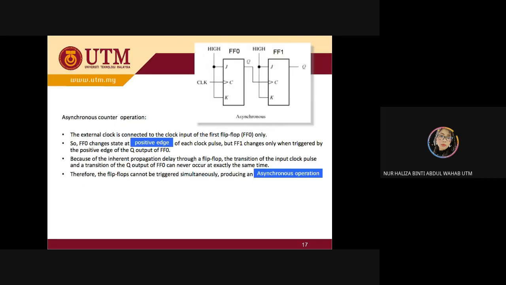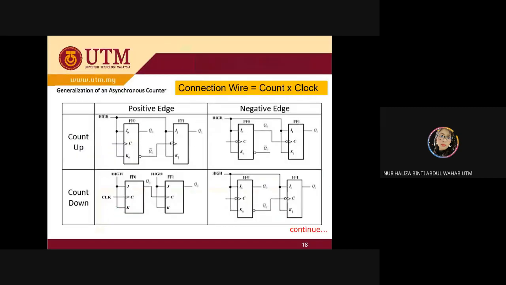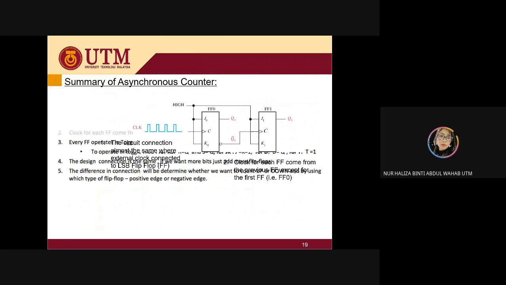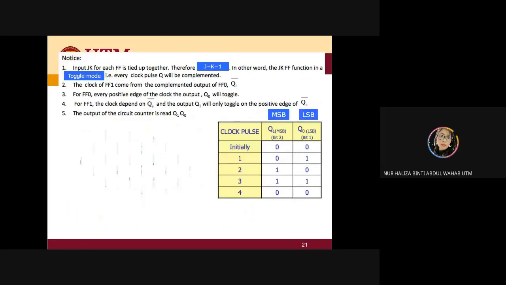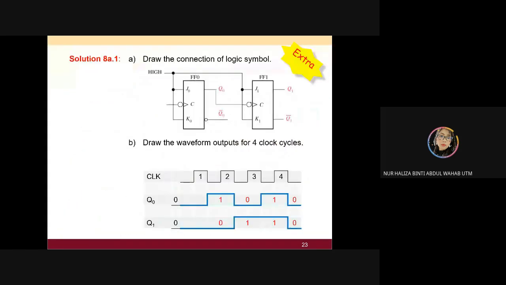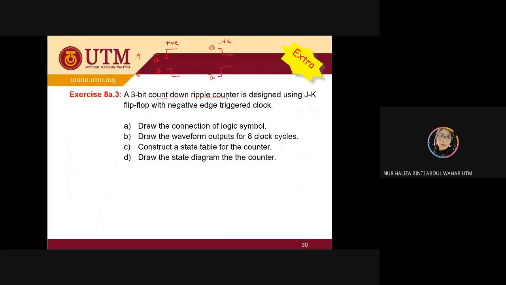Let's see the summarization of the table. It's reversed, okay, so it's correct. So you can see here, I did the correct version. For my counting up, and then this is my counting down, this is my positive clock, this is my negative clock.